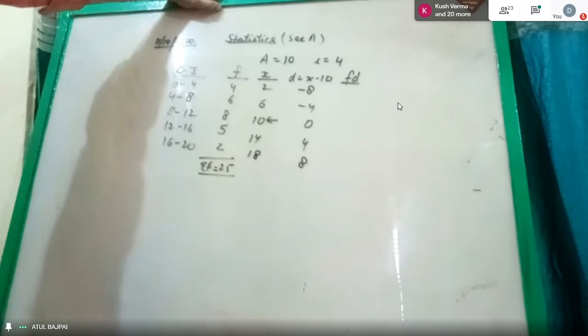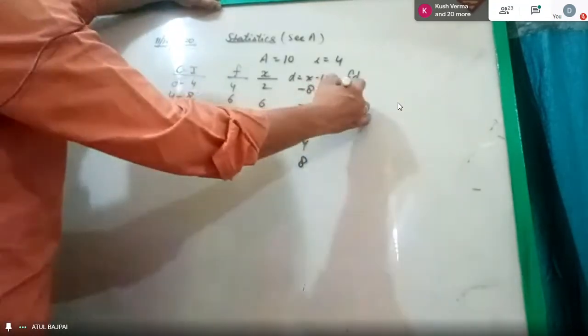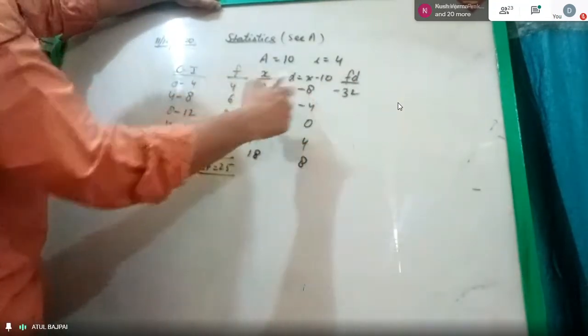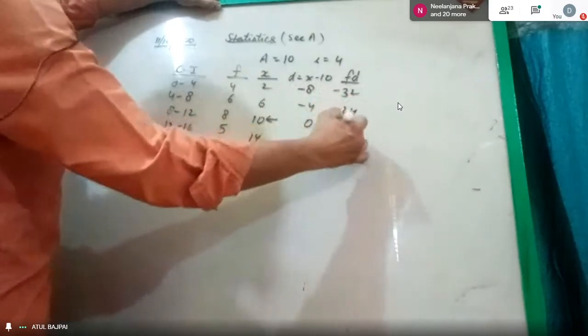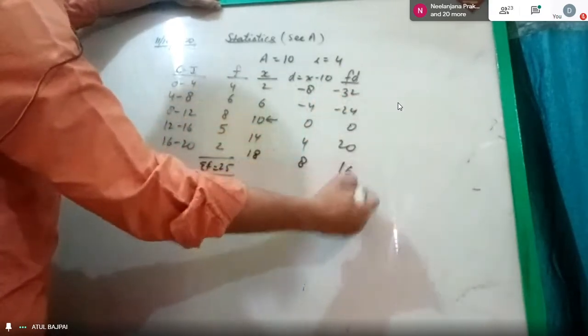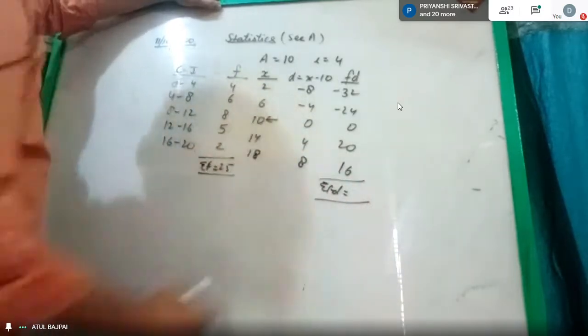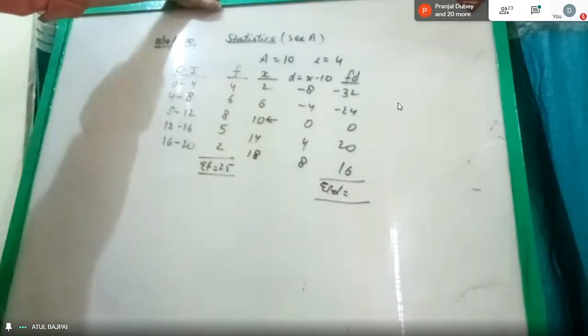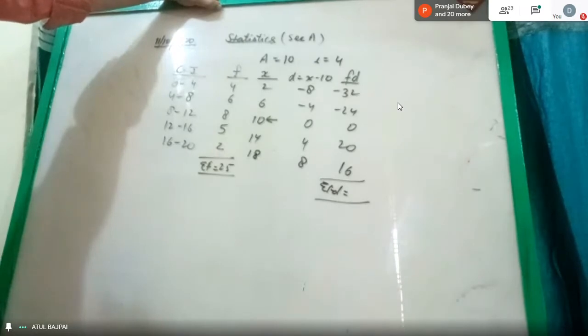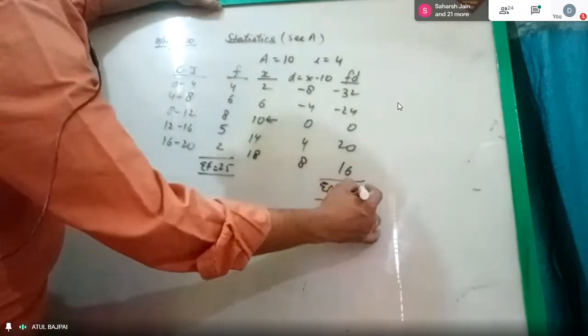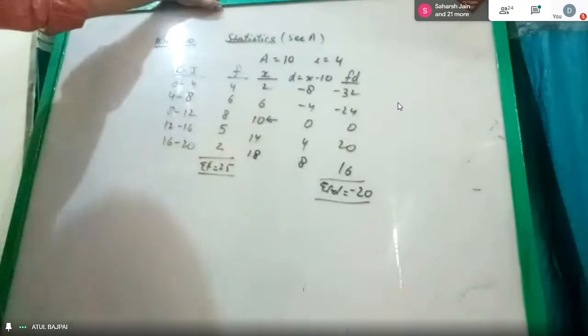Now find fd. What is fd? 4 into minus 8. What is sigma fd? It is minus 20.